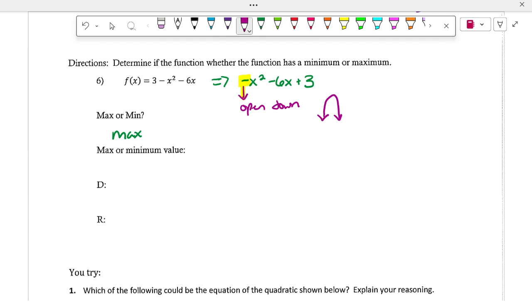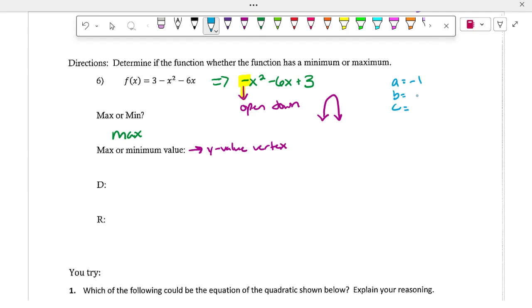Now, max or minimum value, that is simply the y value of the vertex. All right. So we got to calculate the x value first to get the y value. So if I set this up, A, B, C, A is what?